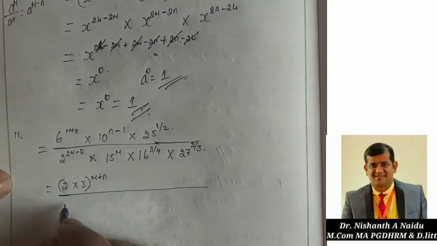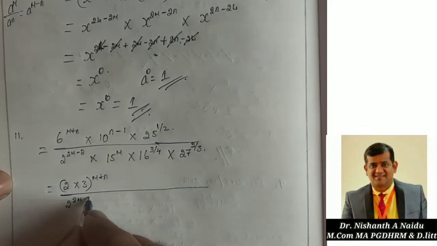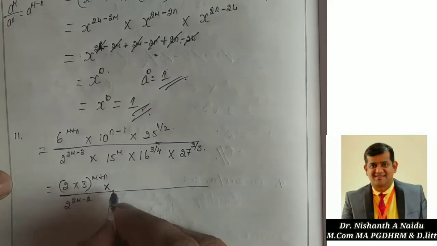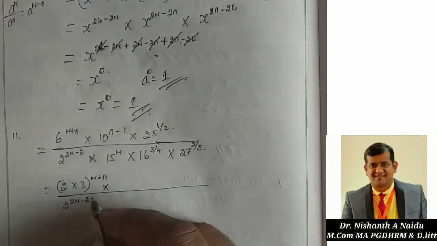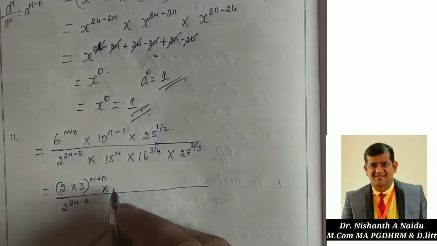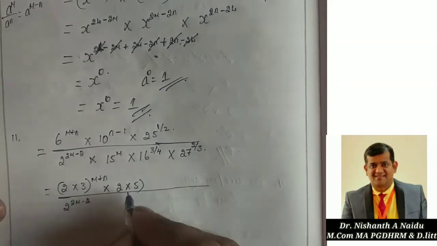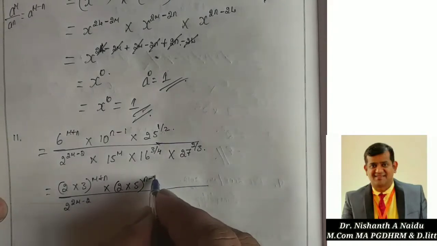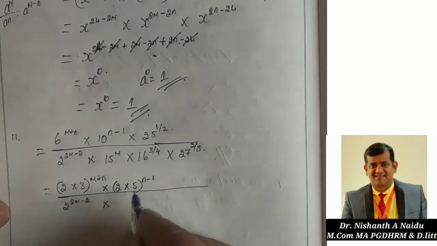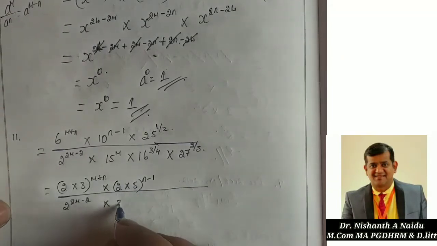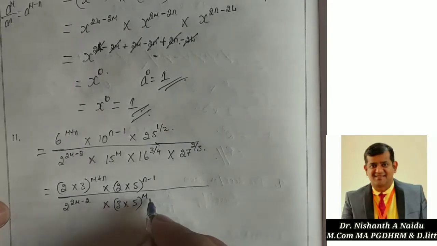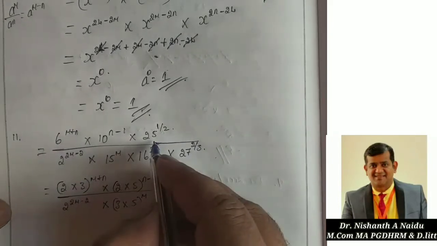At the bottom we have 2 to the power 2m minus 2, that I have copied just like that, into 10 to the power n minus 1. Whenever 10 comes, what we will do? 2 into 5, 2 5s are 10, so whole power n minus 1. The same way here, 3 5s are 15, so 3 into 5, whole power m, into 25 is there.